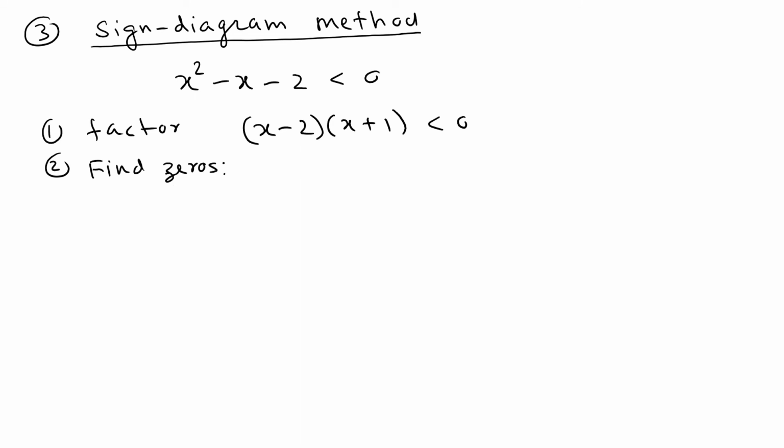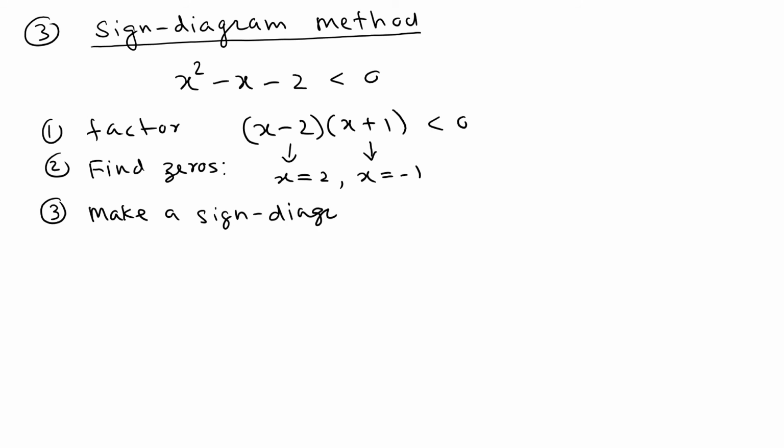The two zeros in this case are x equals 2 and x equals negative 1. The third step is to make a sign diagram. This is a very important technique.